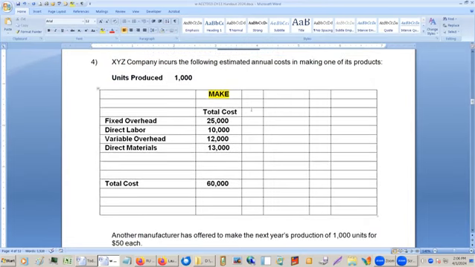Now, one thing that's not going to be relevant is the selling price, because the idea is whatever we're selling this for, whether we make it or somebody else makes it, the market for it is going to be exactly the same, right? Assuming it's the same quality and all that, the selling price is going to be the same whether we make it ourselves or someone else makes it for us.